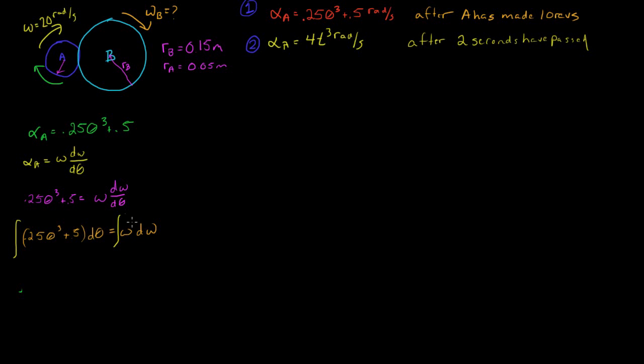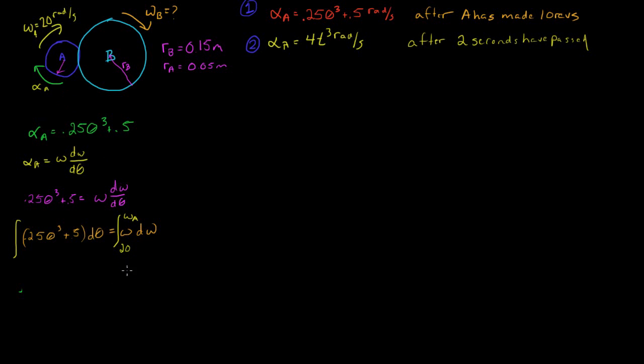We don't know the final angular velocity of A, but we know the initial angular velocity of A is 20 radians per second. So we're going to integrate from the initial angular velocity of 20 radians per second to the unknown final angular velocity.